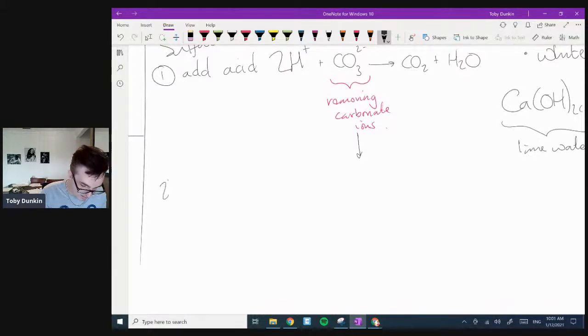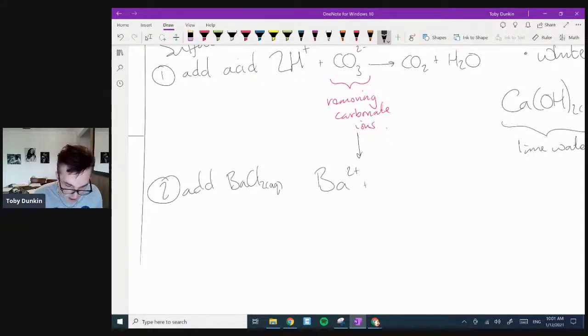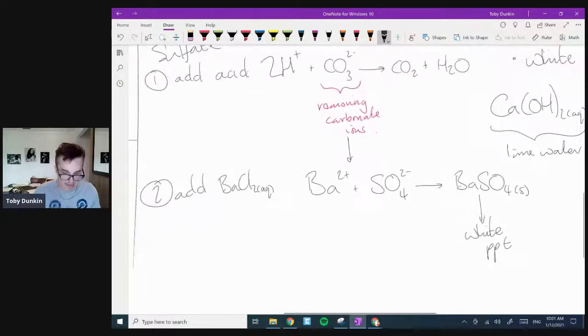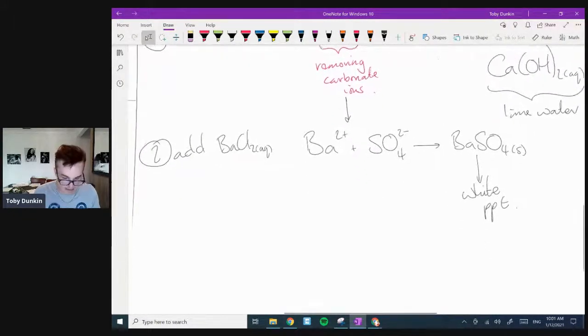The reason why is because in the second stage, we add barium chloride solution. Now, barium chloride solution contains Ba2+, and the Ba2+ loves the sulfate ion. And these two will bind together to form barium sulfate, which is a white solid, white precipitate. Now that makes sense, but where's the carbonate ions coming in here?